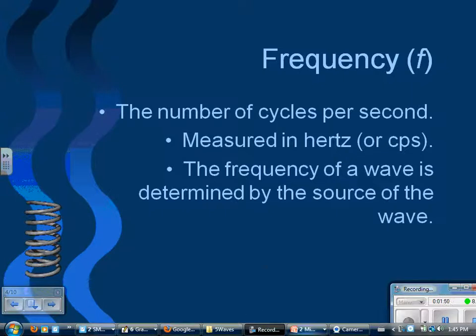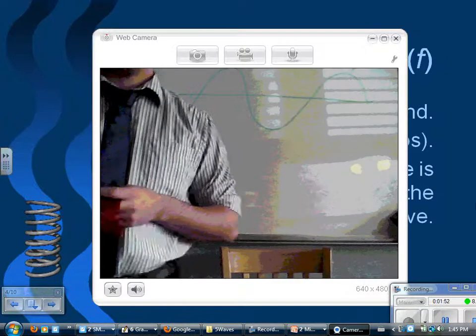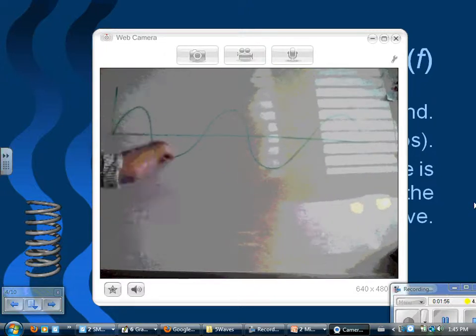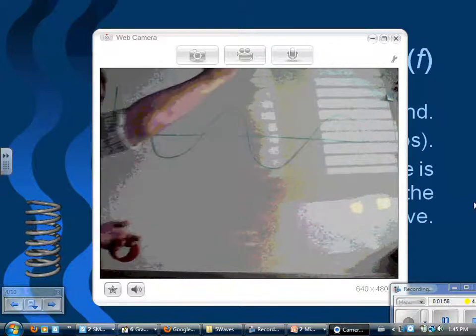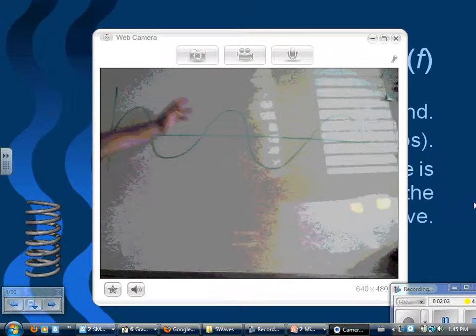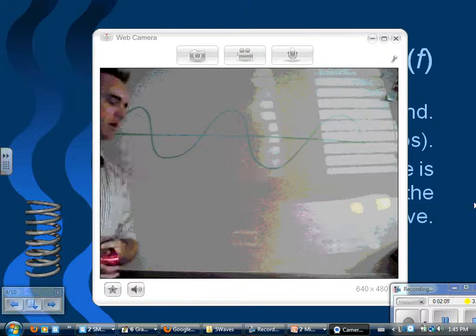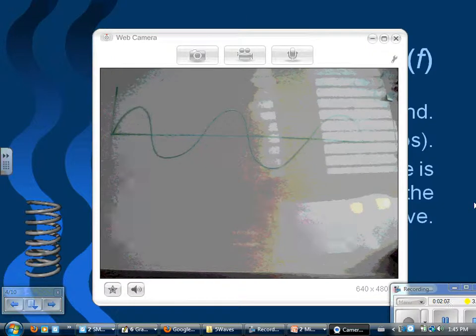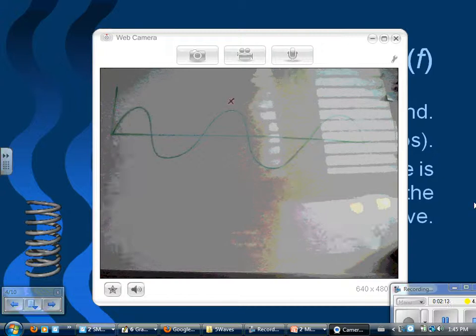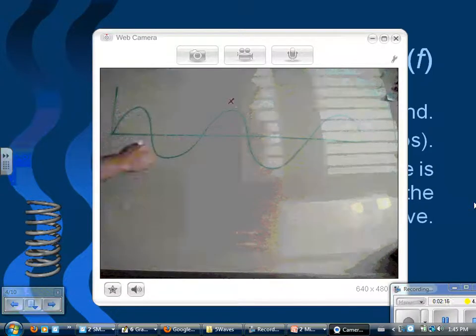Now, if you look at the board here, you can see that I've drawn a wave. You might have recognized this from math class, maybe. So this is a wave that's just moving off, we can say off to the right here. If we picked a spot, let's say right here, and over a certain period of time, counted how many crests went by, because that's one cycle.